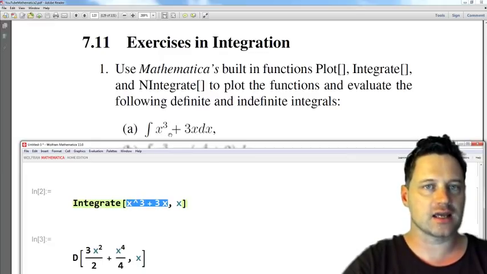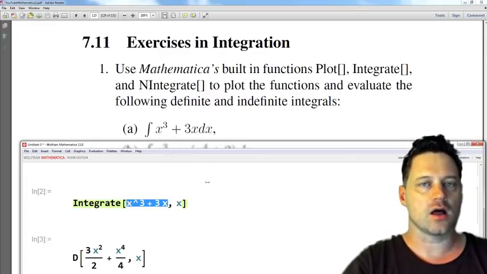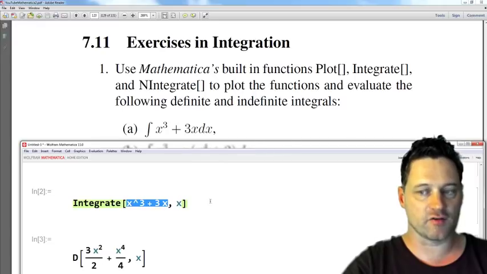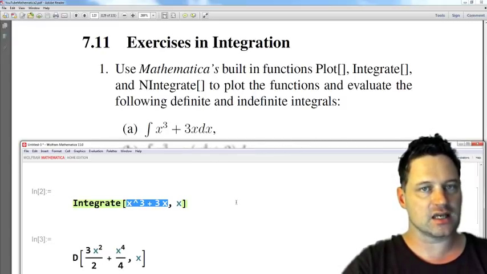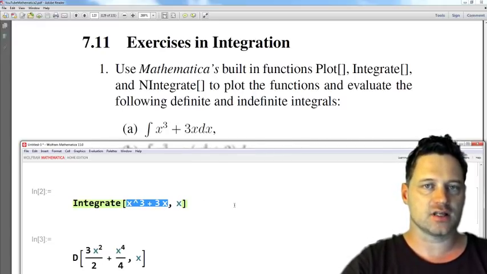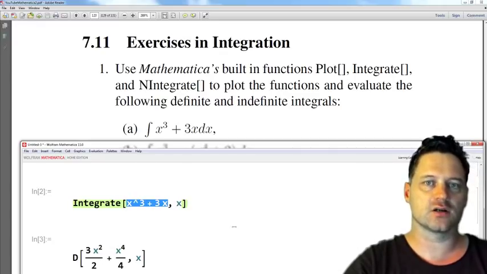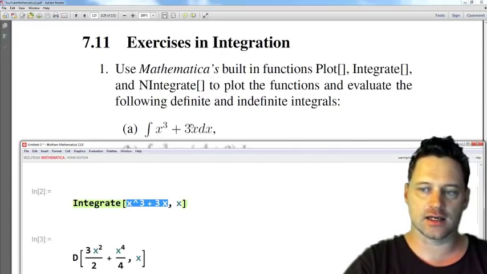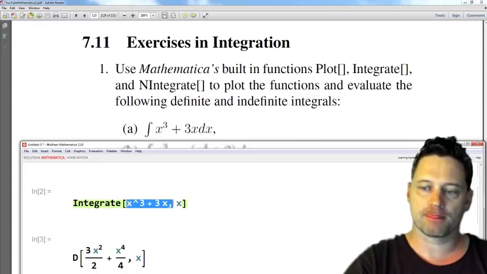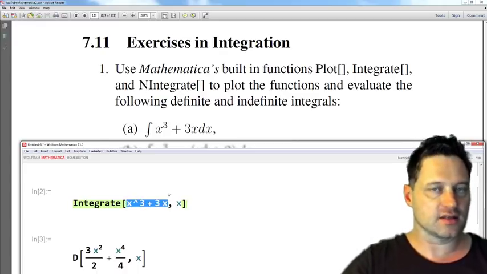So when we are taking the integral, otherwise known as the antiderivative of a function, we are seeking a function such that if we differentiate this new function, we get exactly what was in the thing to integrate.